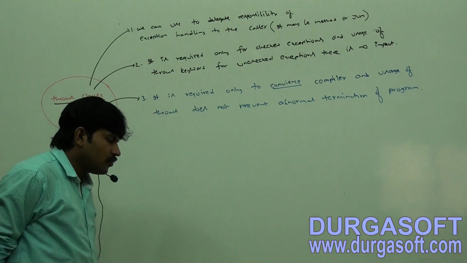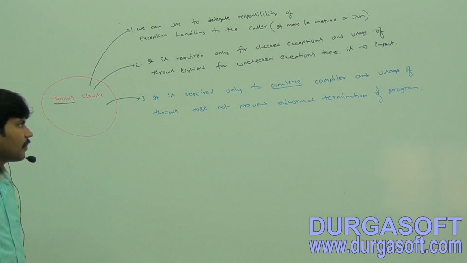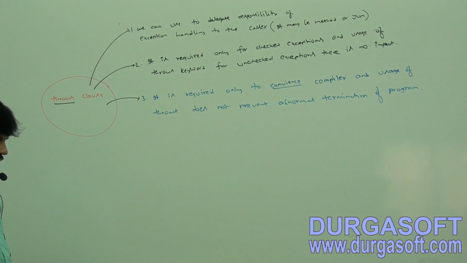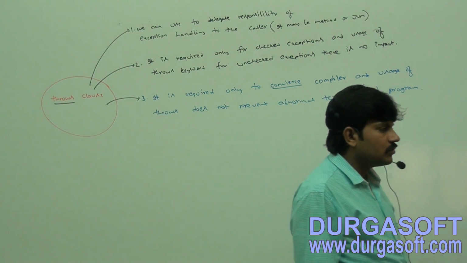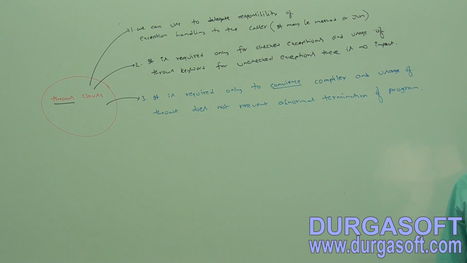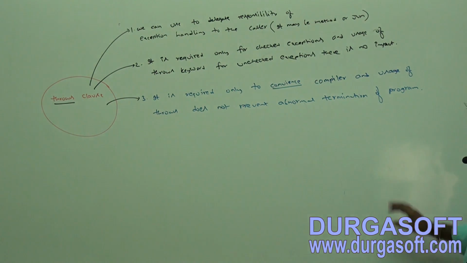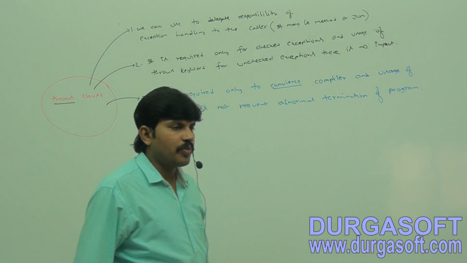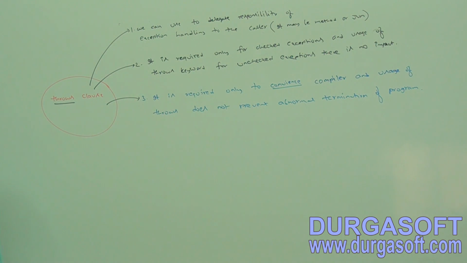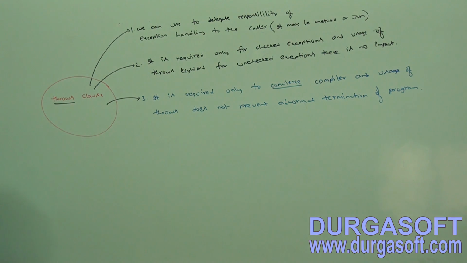It is required only to convince the compiler, and usage of throws doesn't prevent abnormal termination of the program.